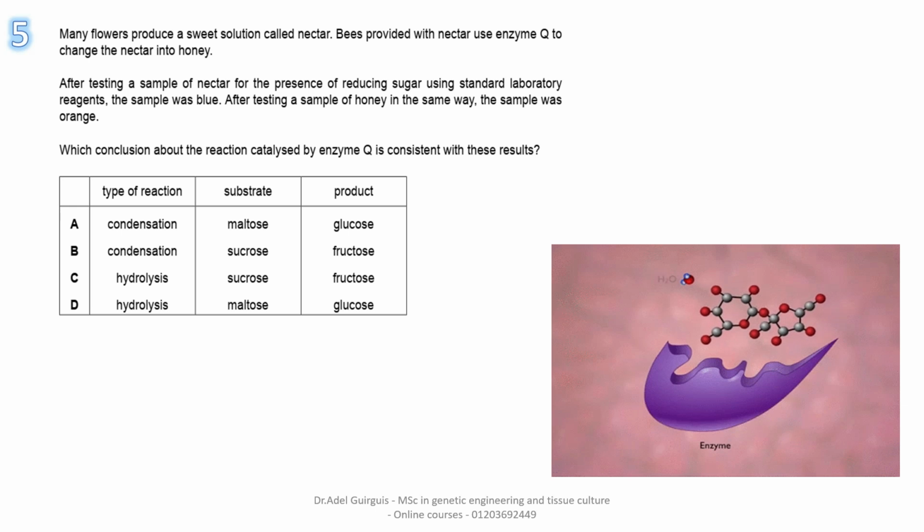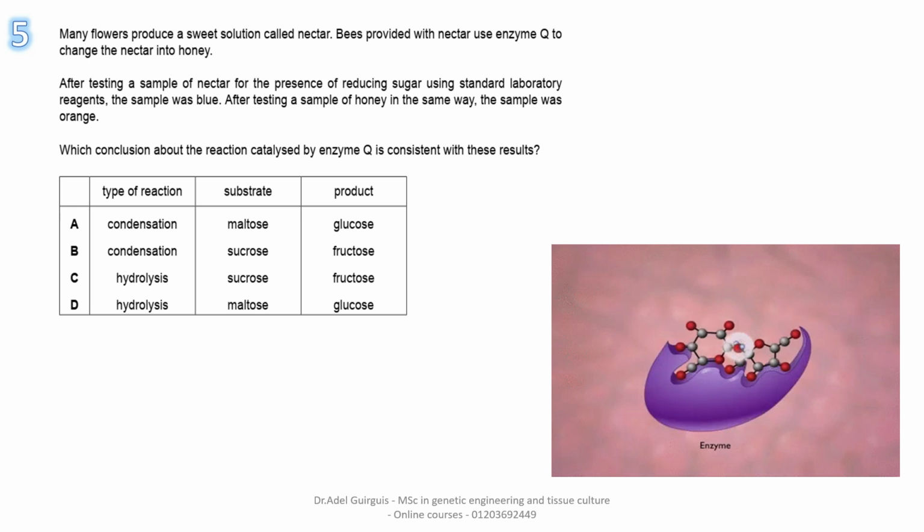Look, when nectar is digested in the stomach and intestine of bees by a certain enzyme, it changes into monosaccharides. This is a hydrolysis reaction in the presence of water and a certain specific enzyme to form monosaccharides.